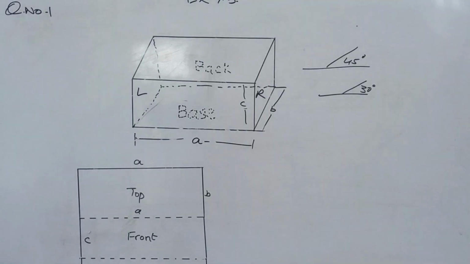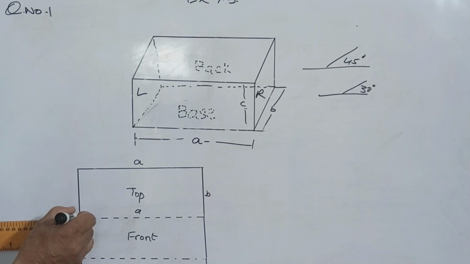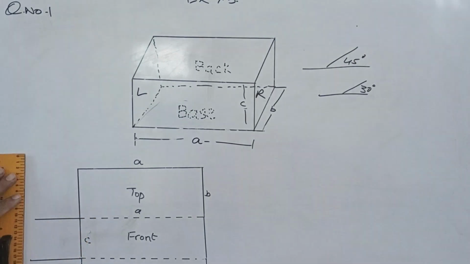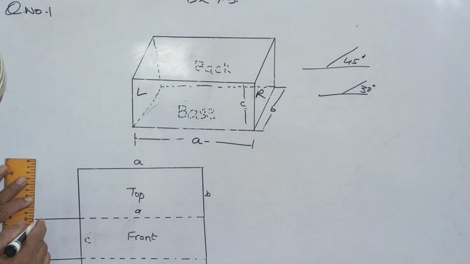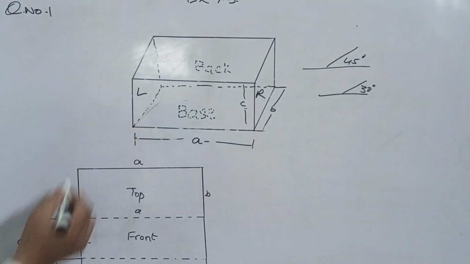So we'll extend this, we are going to extend this like this and close it from here. So this is B, this is C for left.